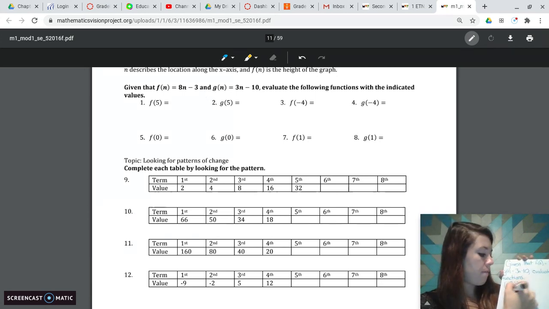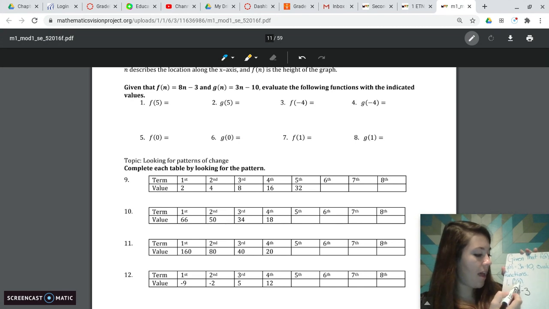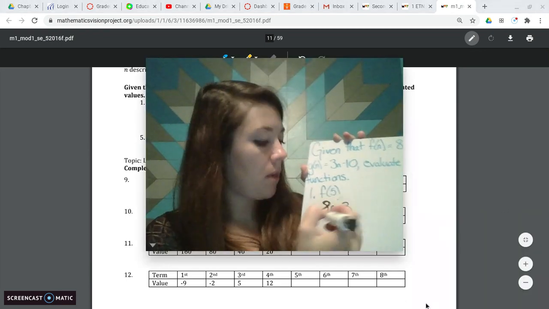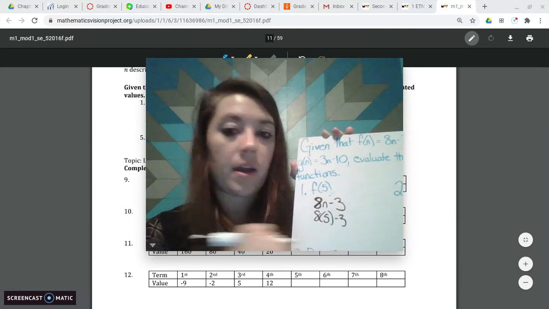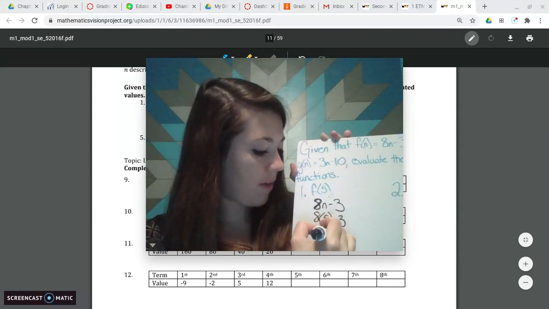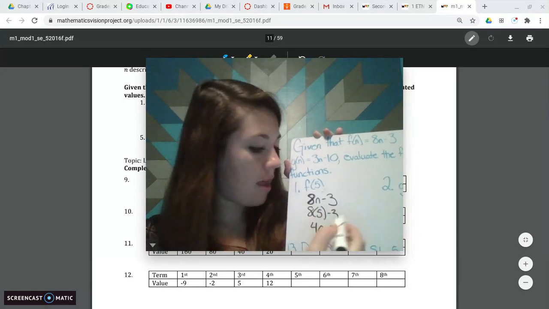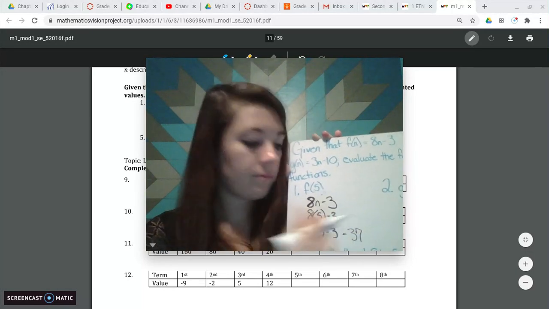So we're going to have 8n minus 3. And so now we know f of 5, so we're going to replace the n with 5. So we're going to have 8 times 5 minus 3. 8 times 5 is 40 minus 3, and that would equal 37.